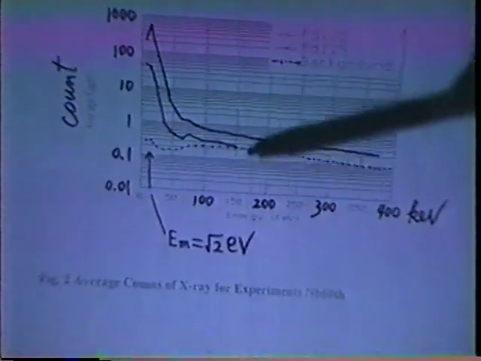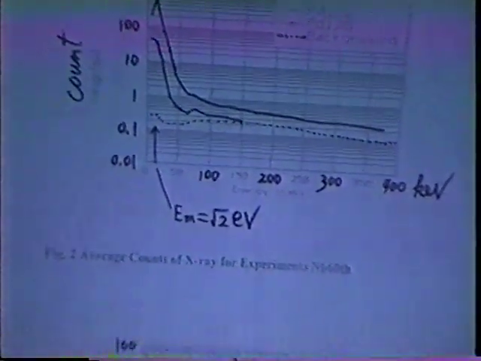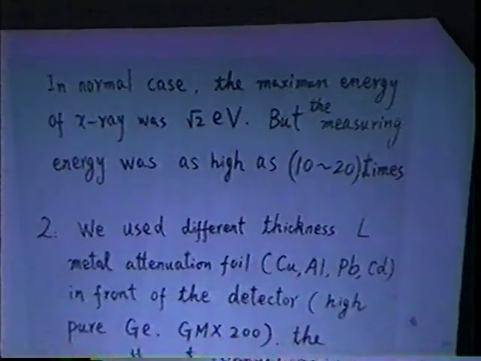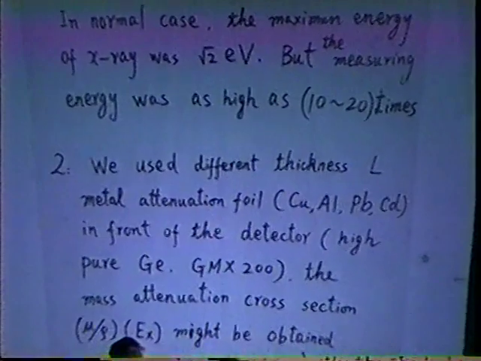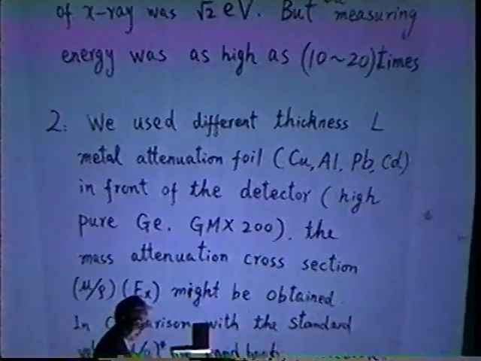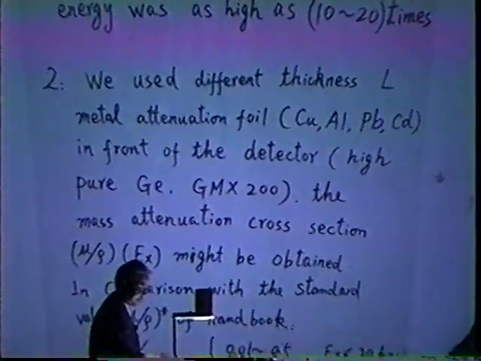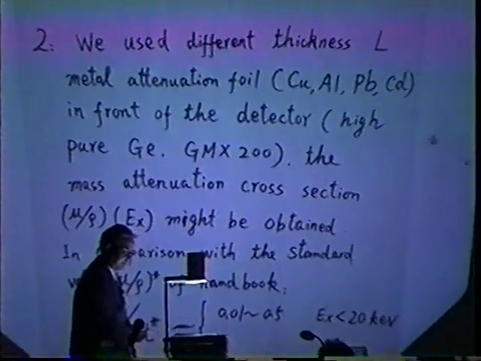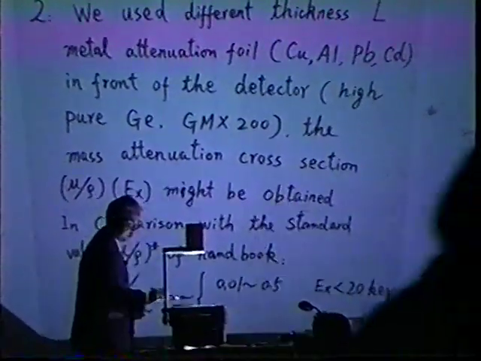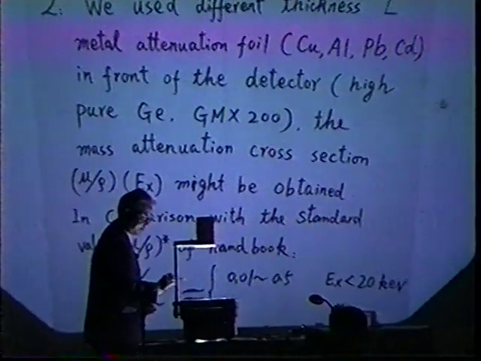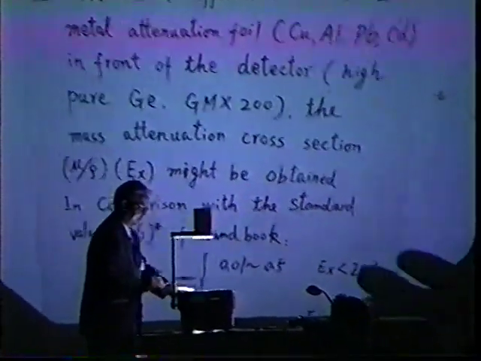You see the high energy there is. In numerous cases, the maximum energy of X-ray was like this, but the measured energy was as high as 10 to 20 times this maximum energy.